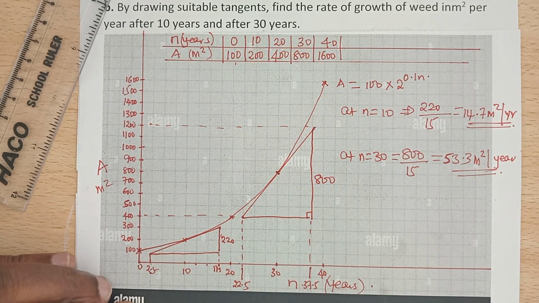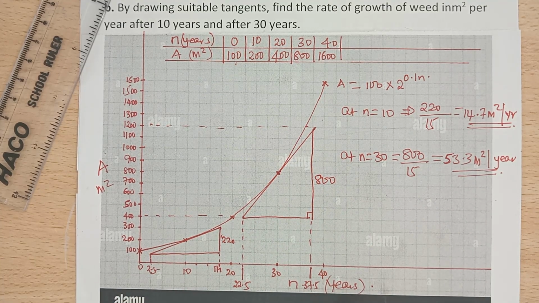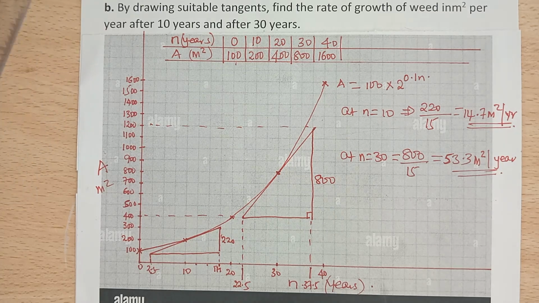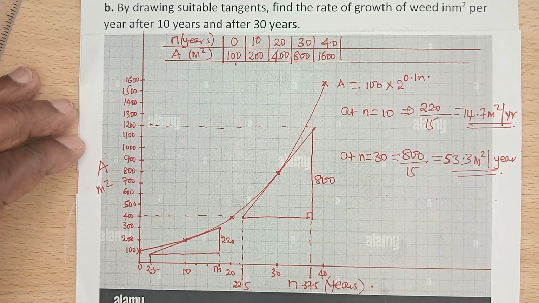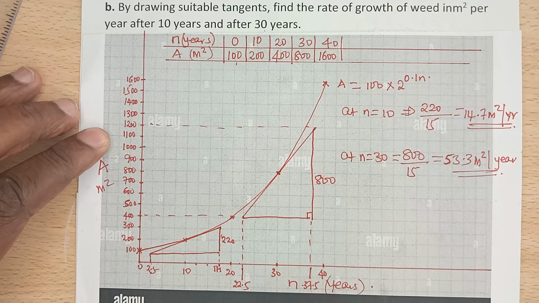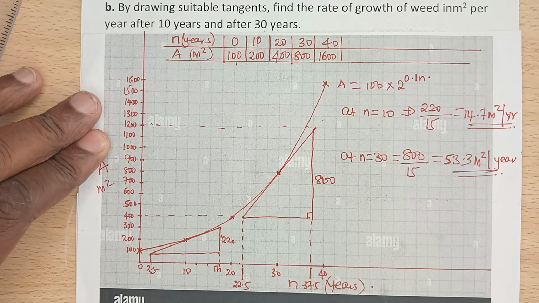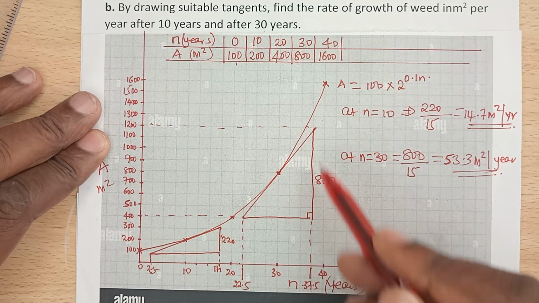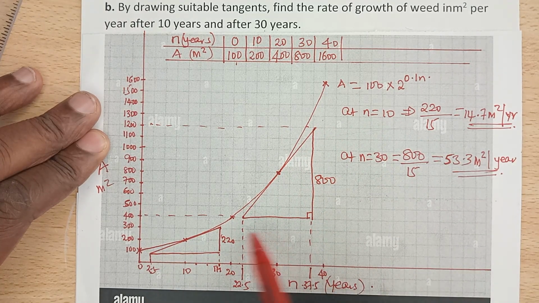So the weed continues to grow faster because you can see the gradient is higher now. We may not really be able to get exactly what we would have expected, but that is it. The skill of coming up with a tangent, talking about rise over run, is exactly what we would want to teach in this particular question.